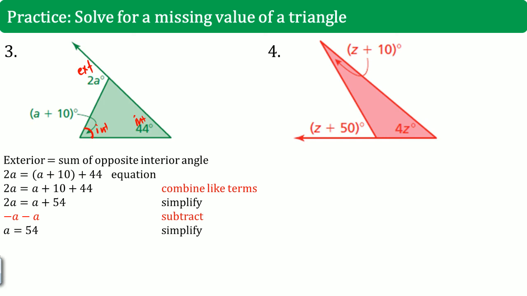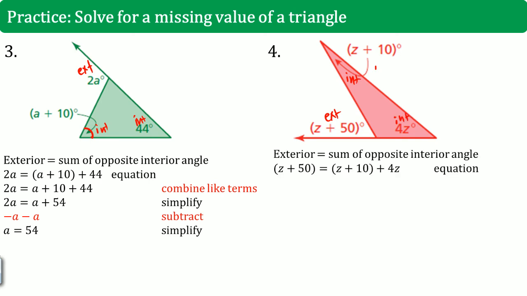Next, same thing here. This is your exterior angle. This is your interior, and this is your interior. So that's how you set up the equation. Your exterior, z plus 50, is equal to your interior plus your interior here. Now you can combine like terms.